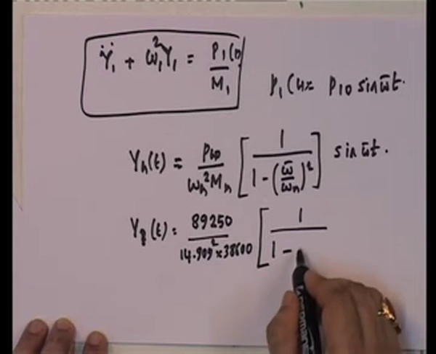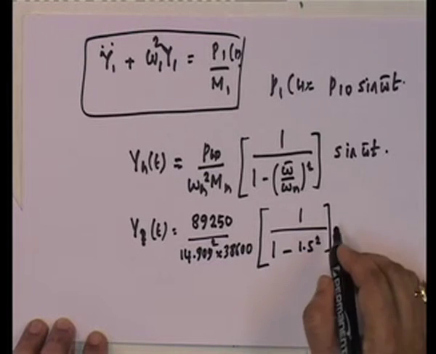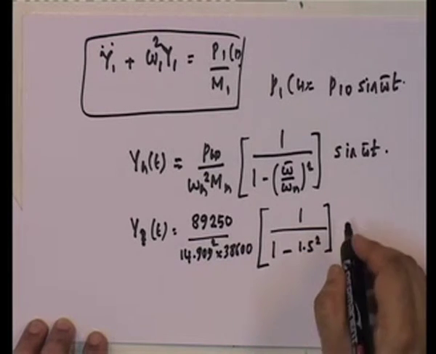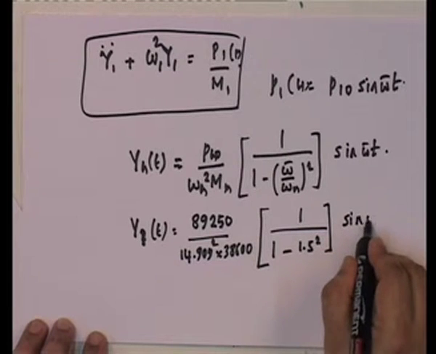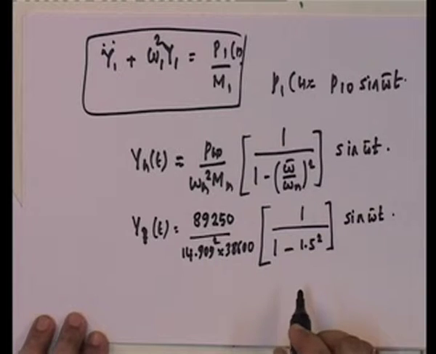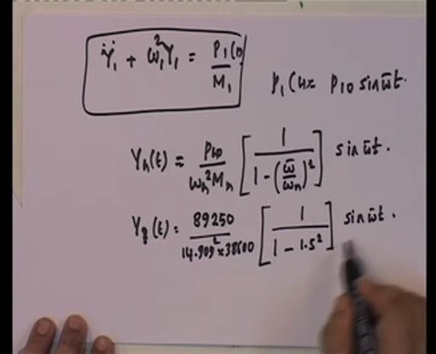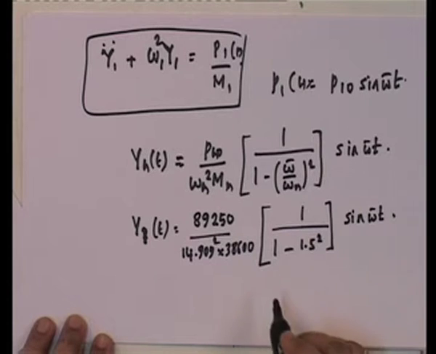Now, omega bar upon omega 1 is 1.5, obviously that is how we have done it, into sine omega bar t. Because this is an undamped system, it will directly have this.